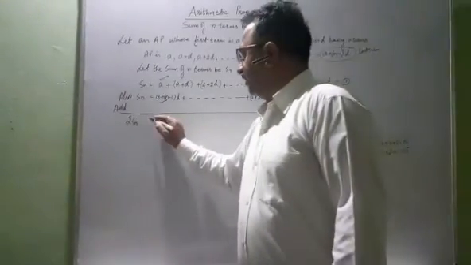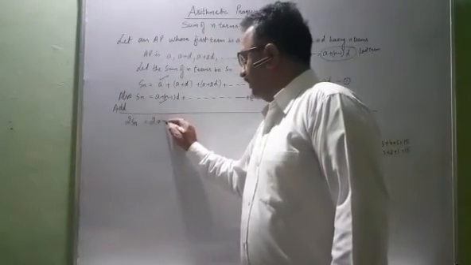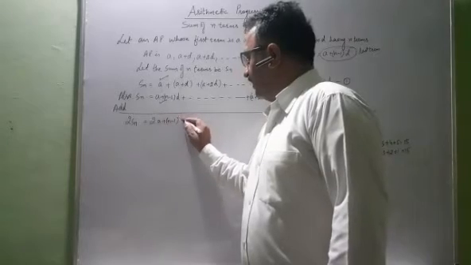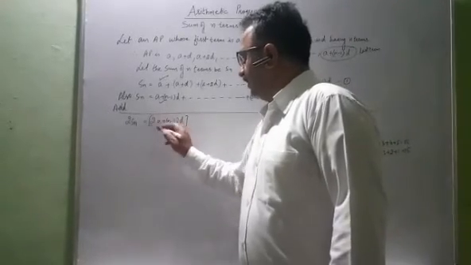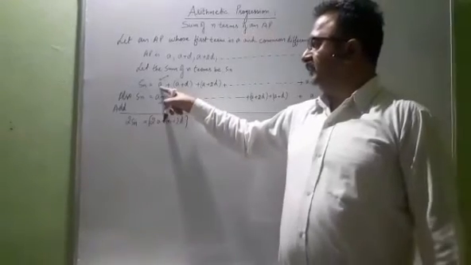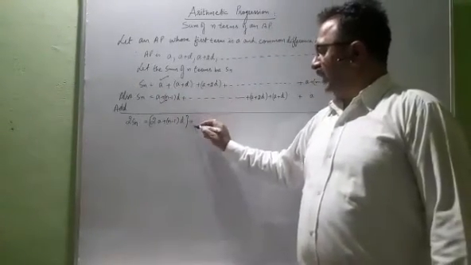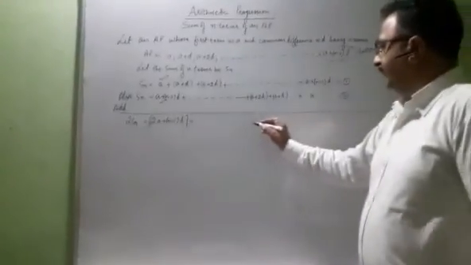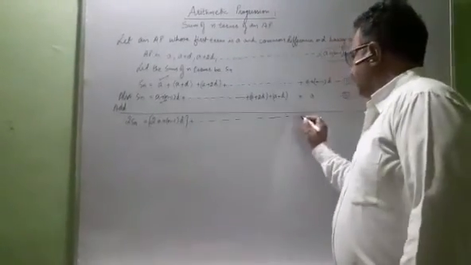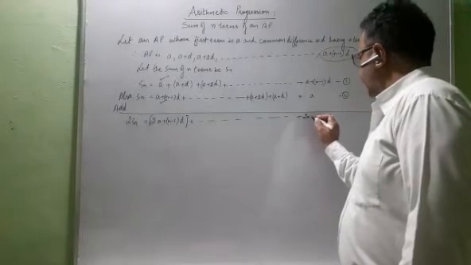So what will we get? Twice of A plus (n minus 1)D. So what we have done, we have added the first term and the last term. Similarly, if you go on adding, in the end you'll get the same answer.